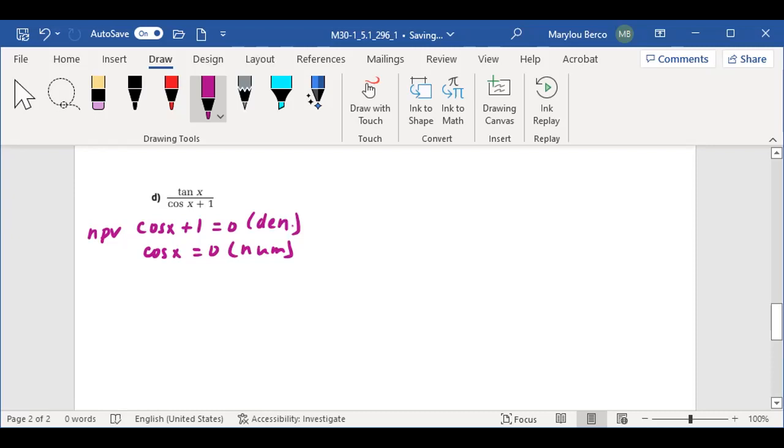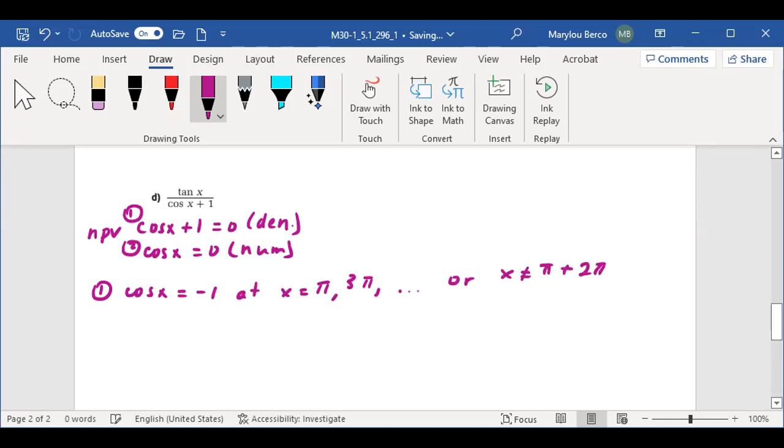So for the first restriction, cos x equals -1 at x equals pi, 3 pi. So in general, x cannot equal pi plus 2 pi n, where n is an element of integers.